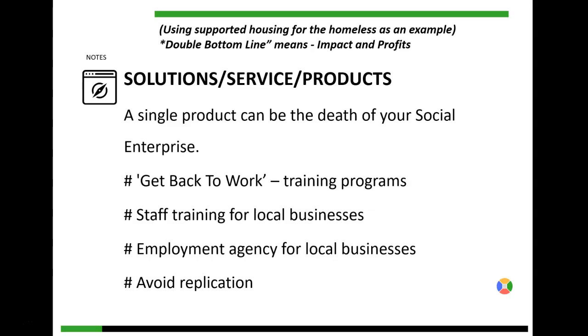Then you might say, hang on, actually, if we train people and we have connections with local businesses where we're training their staff or not, then what if I have somebody who could actually work in that particular role in that particular organization? Well, how do I get paid for that? You charge an agency fee.